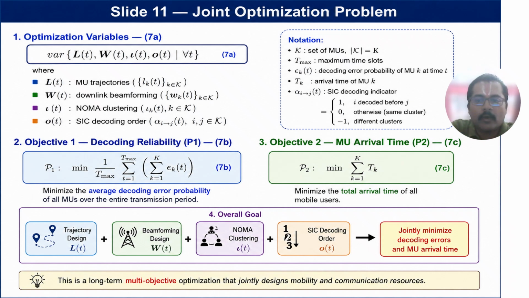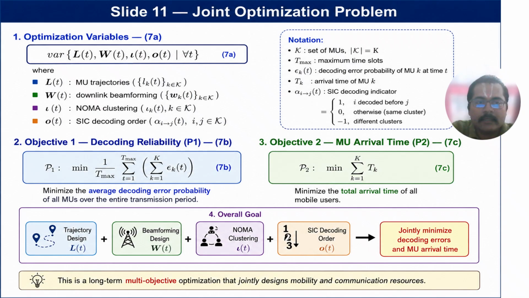Let's see the joint optimization problem. The decision variables are the trajectory, downlink beamforming, NOMA clustering, and SIC decoding order. These four variables are the optimization variables, because they decide your objectives.